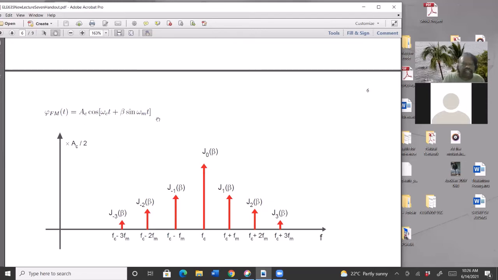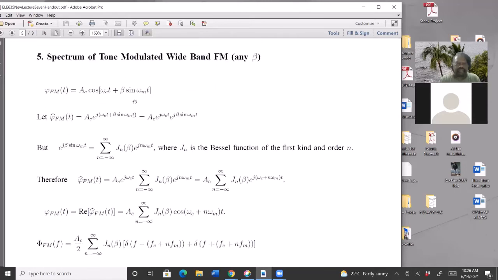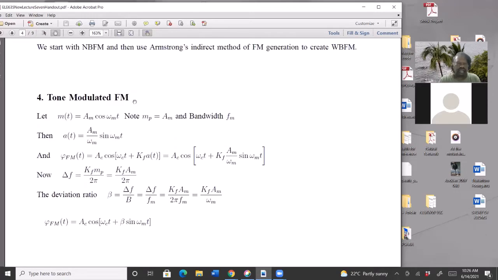So when you are doing tone modulation in FM, and if the signal is cosine omega m t, remember that's how we started, I want to show you again. Yes, your message signal is cosine omega m t and there is some number there. It changes into this, and we always start with this.